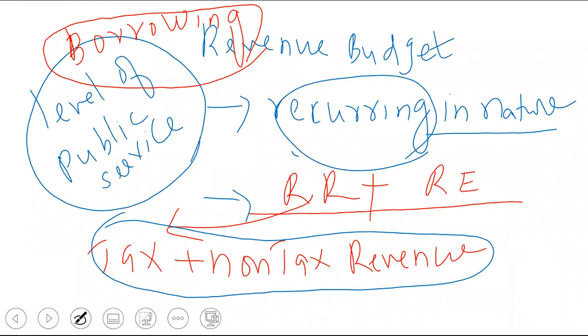I will give you an example, you confirm whether it is a revenue expenditure or a capital expenditure. Let us take the case of Mantralaya in Maharashtra. Mantralaya is purchasing 25 air conditioners. Will it be capital expenditure? What is the reason?